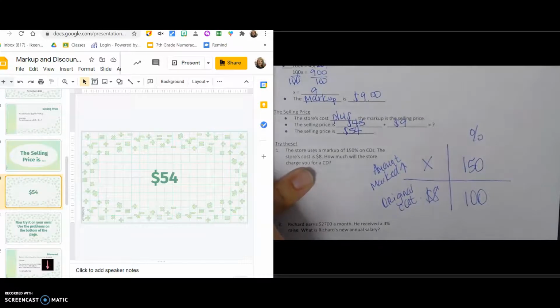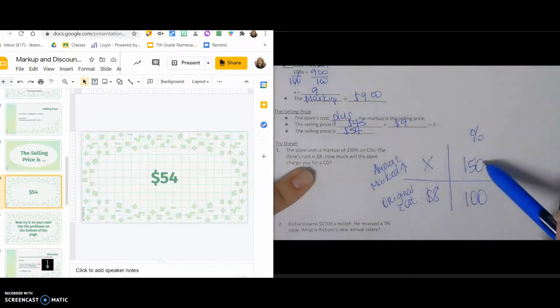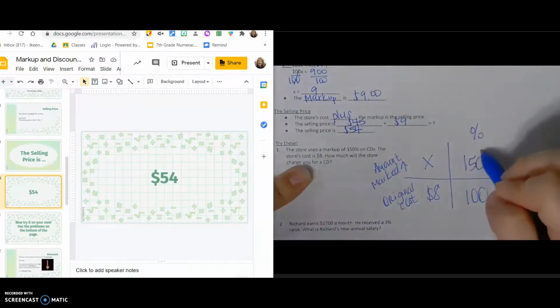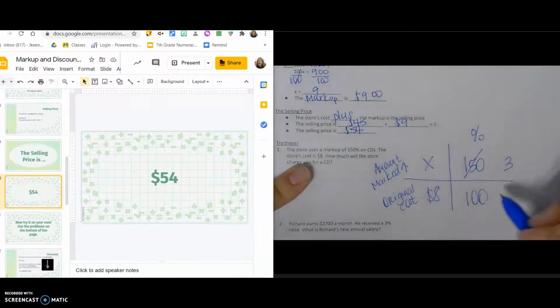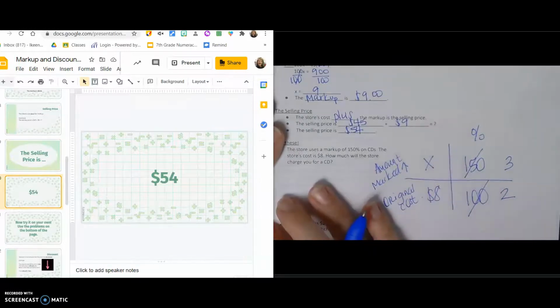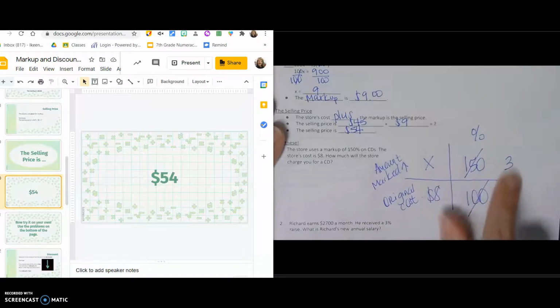But I know that 150 and 100 are both divisible by 50. So 150 divided by 50 is 3, and 100 divided by 50 is 2. And that just gives me smaller numbers to work with. There's nothing stopping me from saying 100x is equal to 8 times 150, and then solving that way. You can totally do that. I'm just saying that if you simplify some of the numbers that you know, it's going to be a little bit easier to find a relationship.